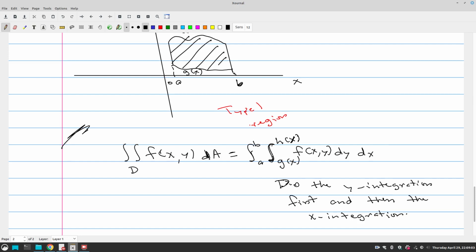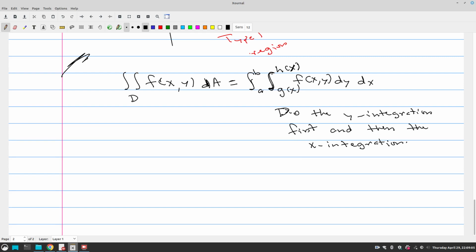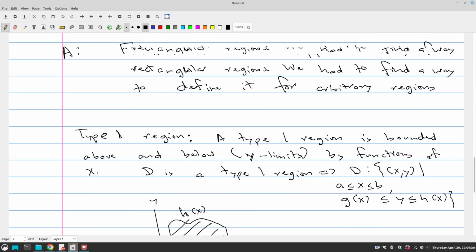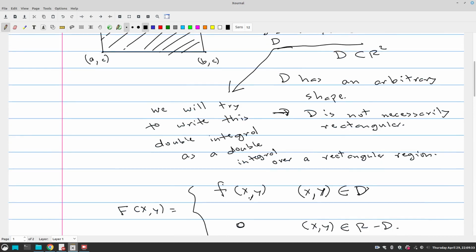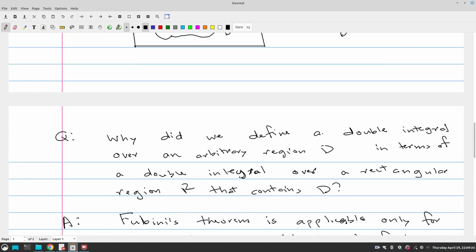Right, now given this definition, remember we can express integration over any arbitrary region as integration of a function capital F, where capital F is given by this, over a rectangle that contains D.